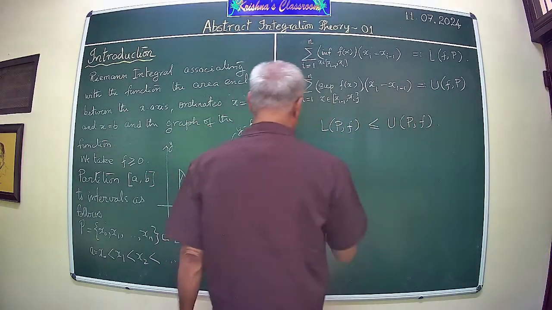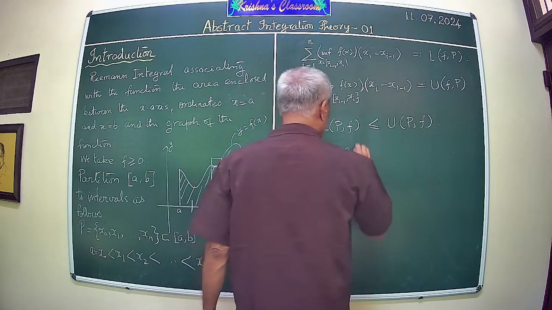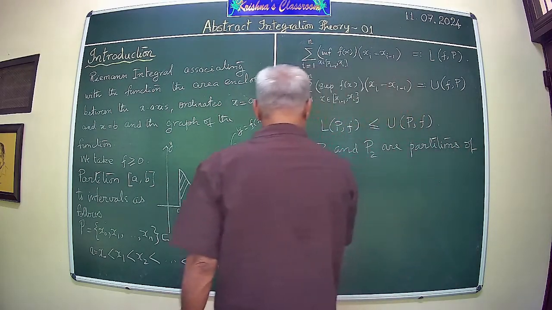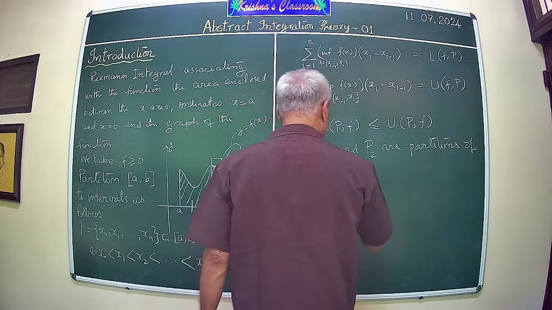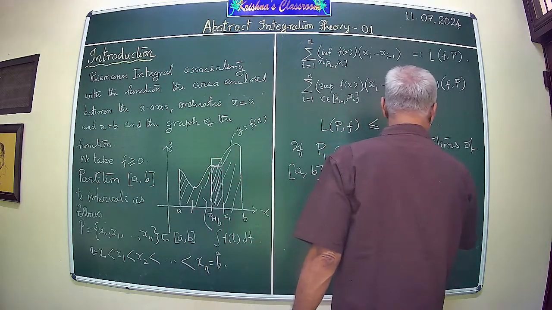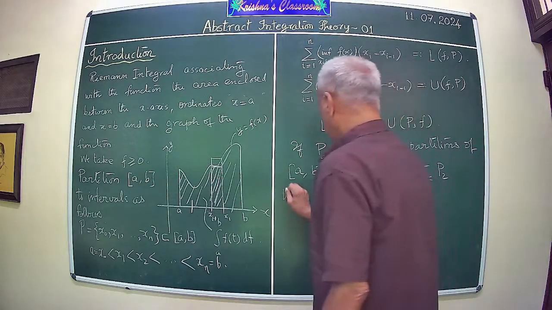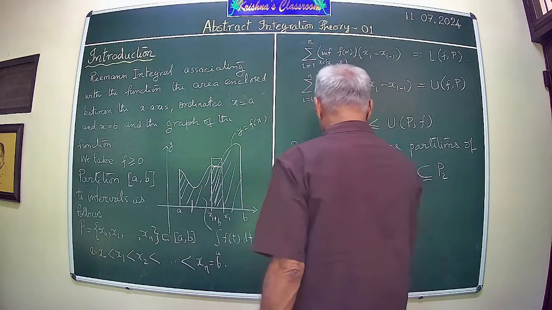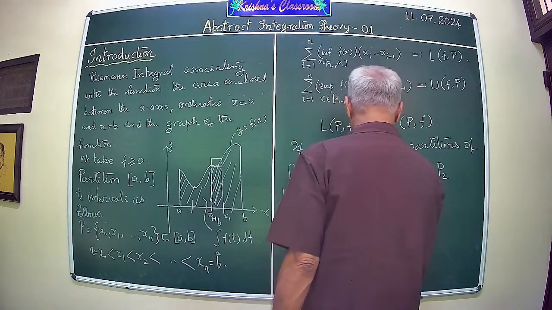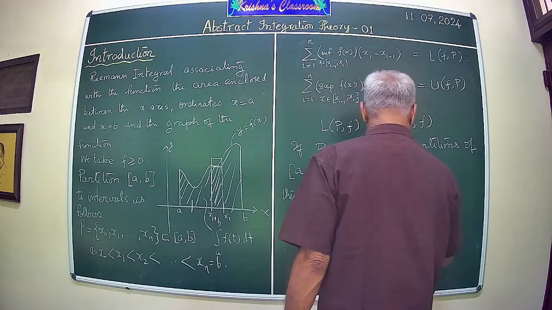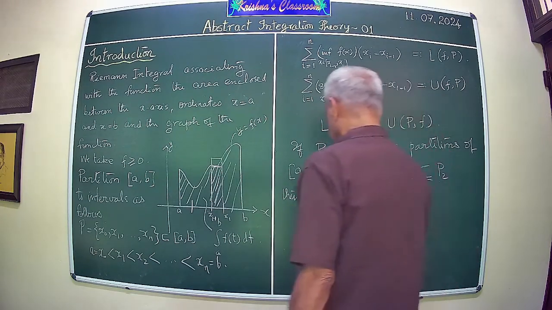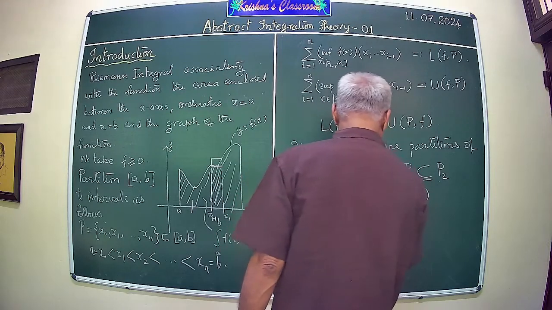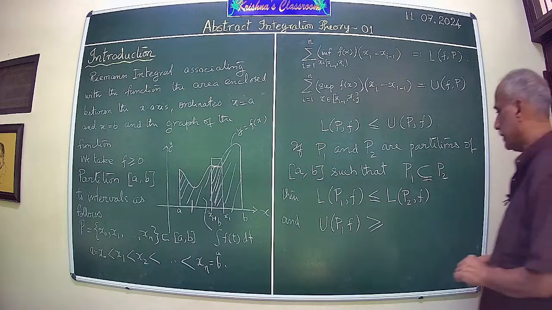We also observe that if P1 and P2 are partitions such that P1 is contained in P2, then the lower sum of P1 is less than or equal to that of P2, and the upper sum of P1 of f is greater than or equal to that of P2.